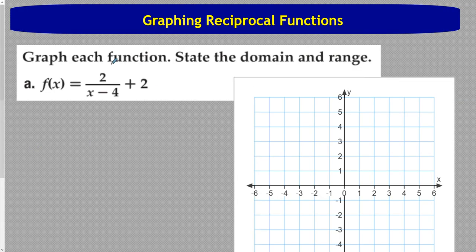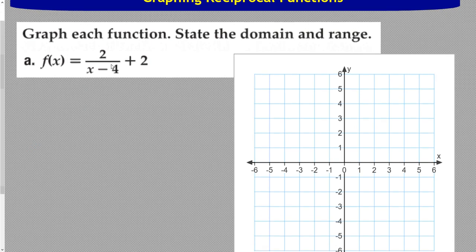f of x is equal to 2 over x minus 4 plus 2. So we need to state our domain and range. I'm going to write those down here so we don't forget. And we're going to need to find our asymptotes. So let's start with the asymptotes. This is k, this is h, and this is a, right? So k is my horizontal asymptote at 2.